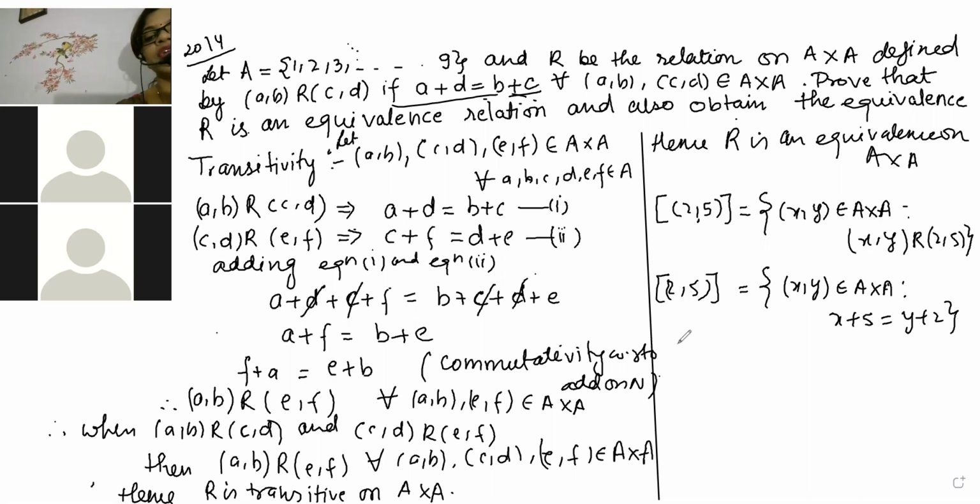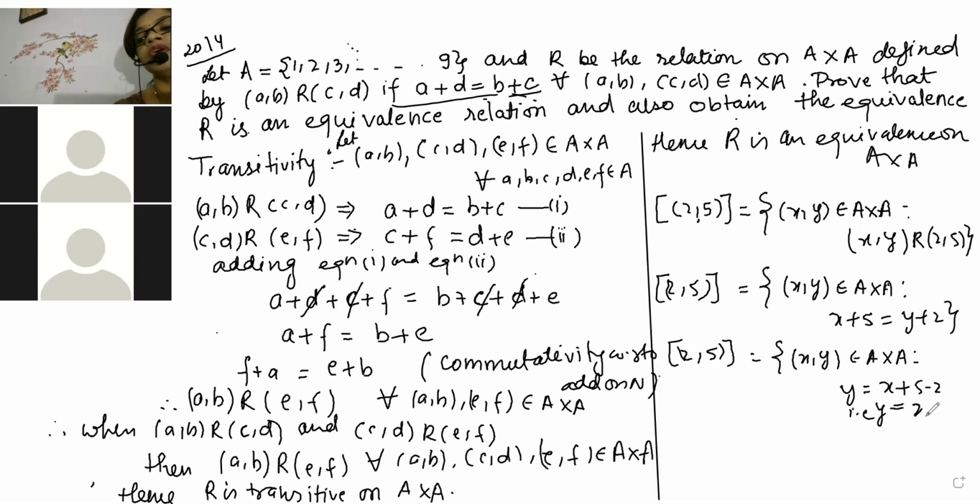Now you have to convert the y order. Shift this side, and y will be equal to x plus 5 minus 2, that is y is equal to x plus 3. Now it is no longer in x.